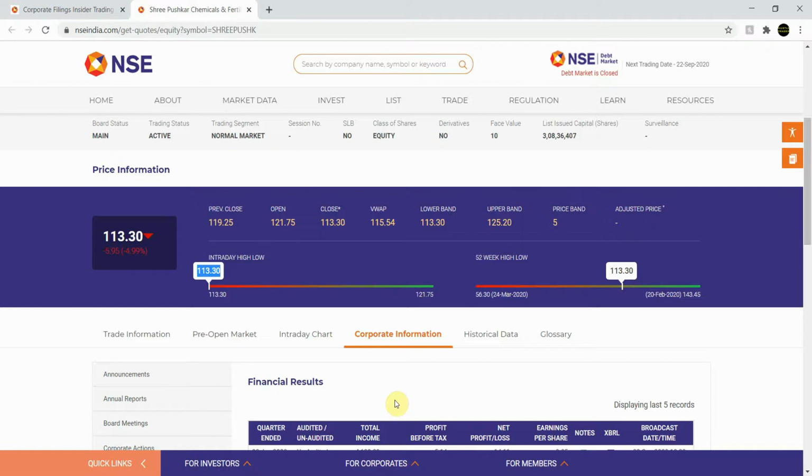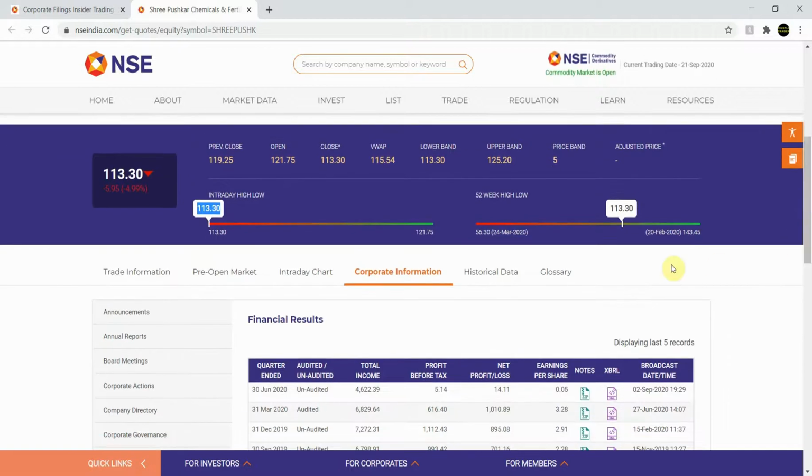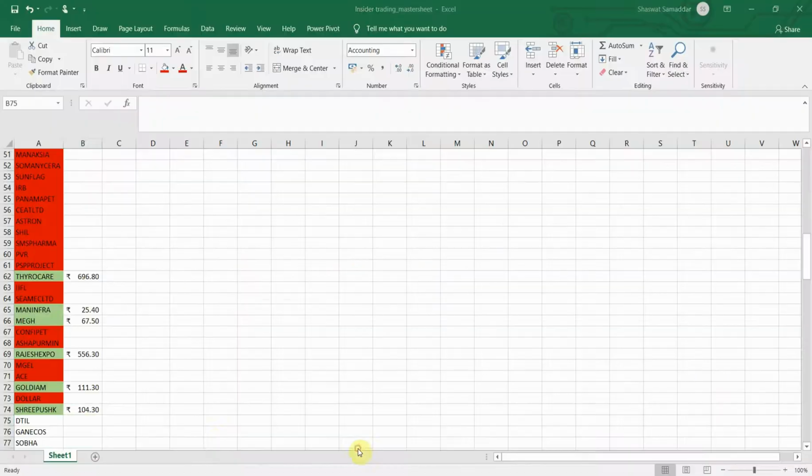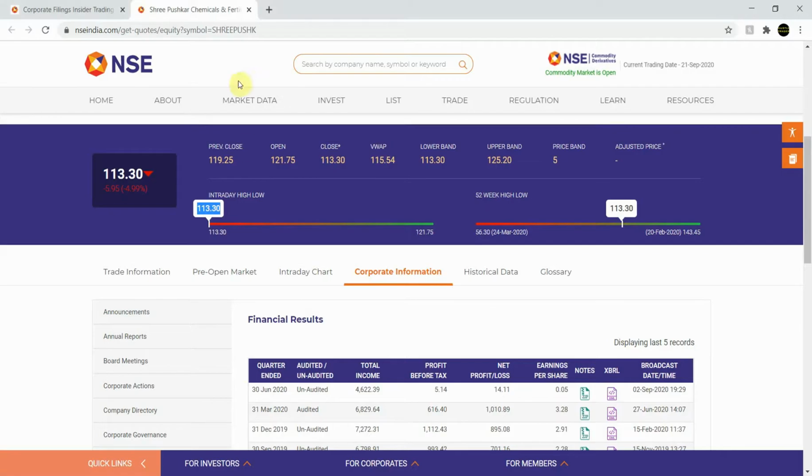So if it's in that range, plus minus 3% of the average price at which promoters made a position, then we will go and check for the traded volume. If the traded volume is good, then we will quickly make a position in that stock. So we can easily calculate whether this 113.30 falls in the range of plus minus 3% or not. If it does not fall in that range, then we should wait till the price comes down to 104, close to 104.30. Okay.